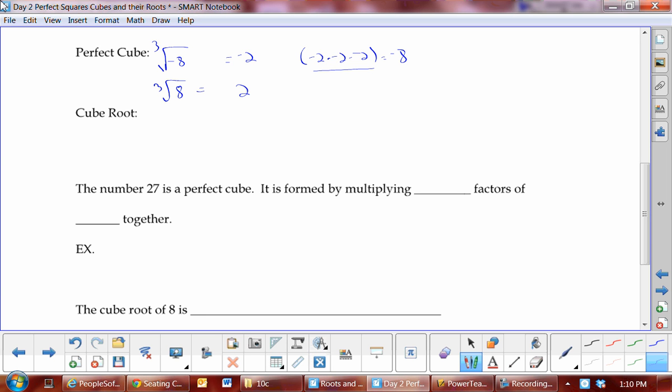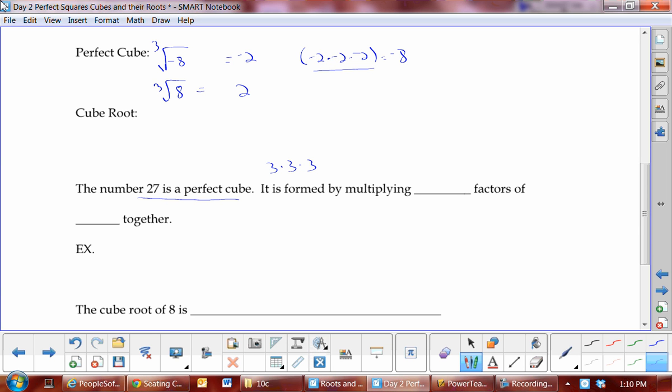And a perfect cube is going to go with basically the same principle. 27 is a perfect cube because it is 3 times 3 times 3. So we're looking for 3 identical numbers that multiply to get me that number.